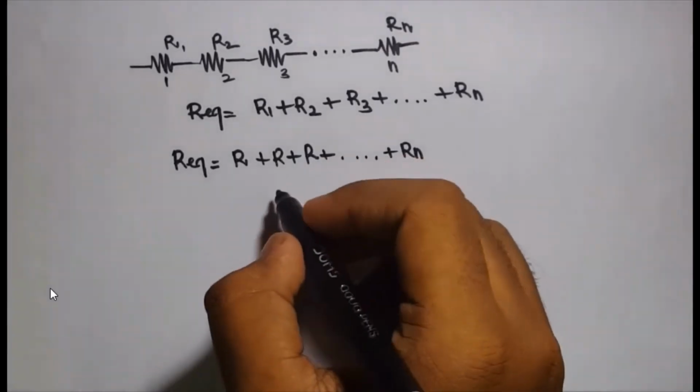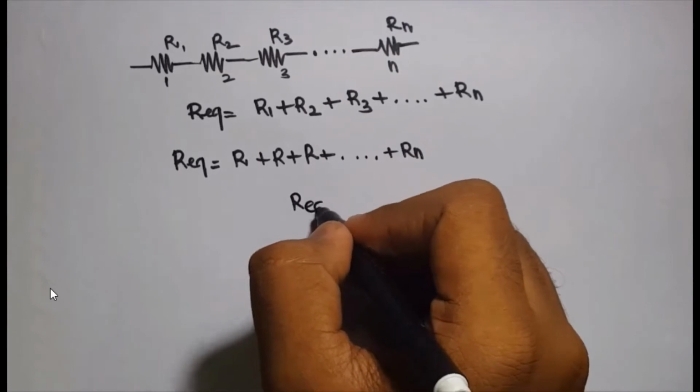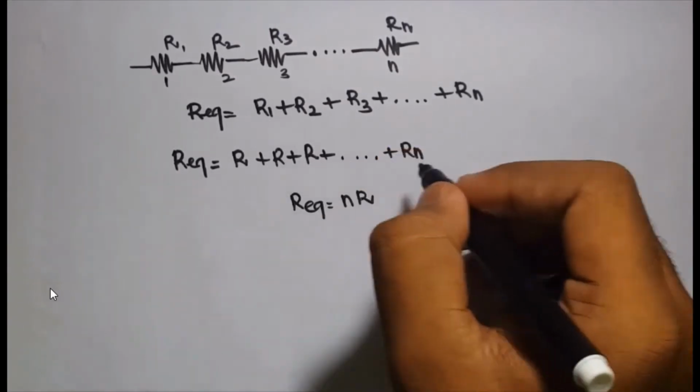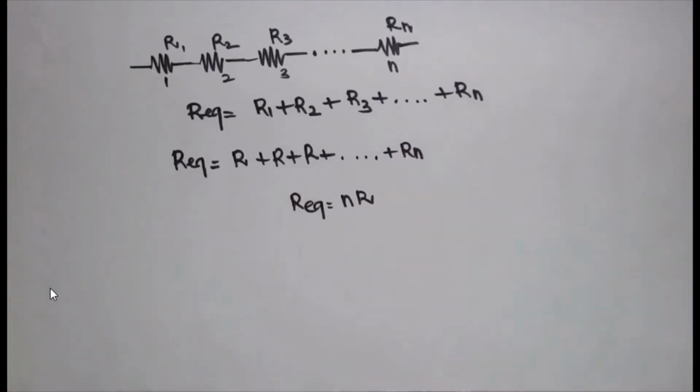So we can simply write this equation as R equivalent equals nR. As there are n resistors, R equivalent becomes nR.